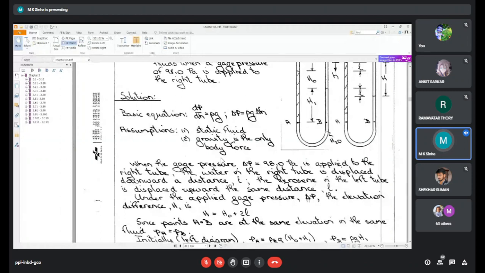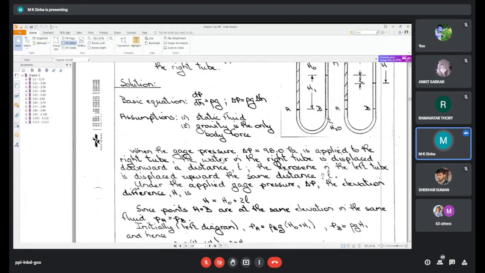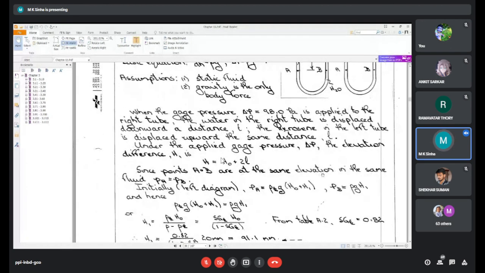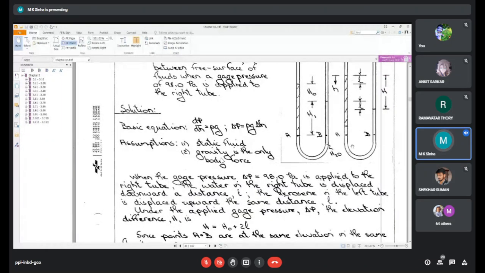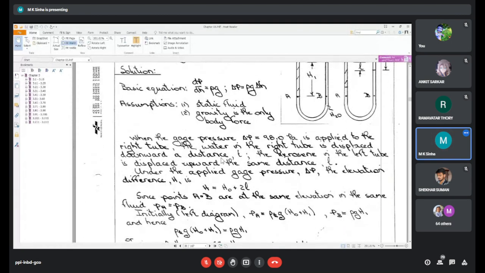Therefore the liquid in the left tube is displaced upward the same distance L. So under the applied gauge pressure del P, the elevation difference is initial H0 plus 2L.